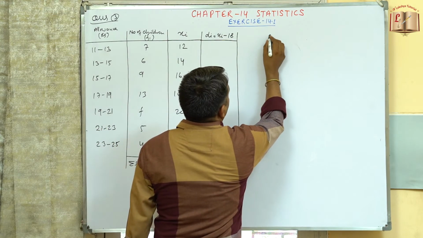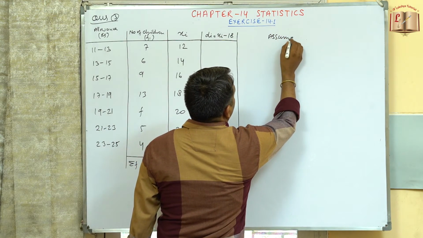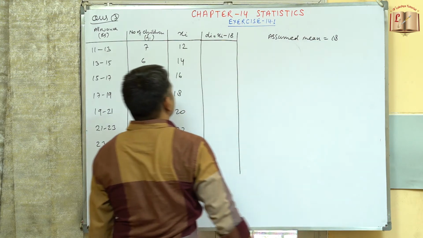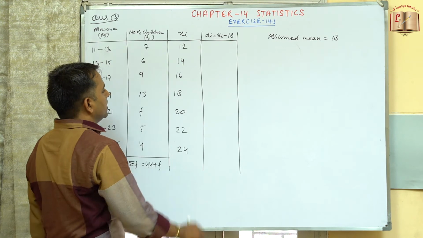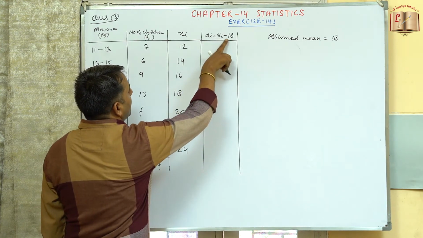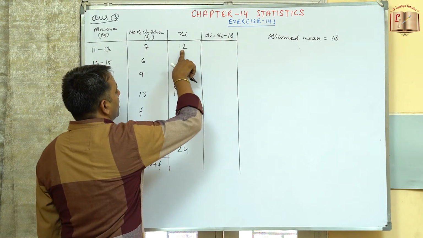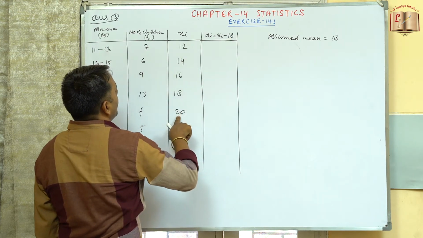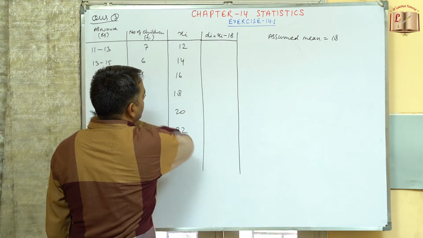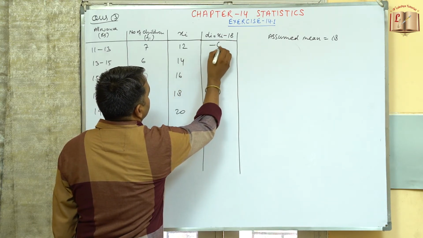So we can write here assumed mean is equal to 18. Now we will find the di. So di will be xi minus 18, means 12 minus 18, so 12 minus 18 is minus 6.